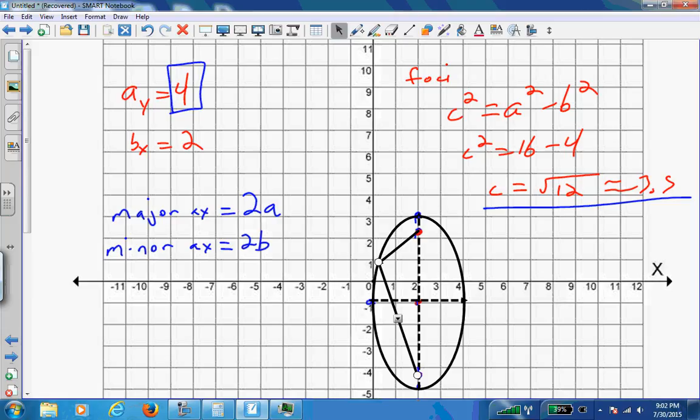It doesn't change. So if I call these D1 and D2, D1 plus D2 is a constant value. So that's a geometric way of thinking about what an ellipse is. It's the set of all points such that that sum of distances is constant.